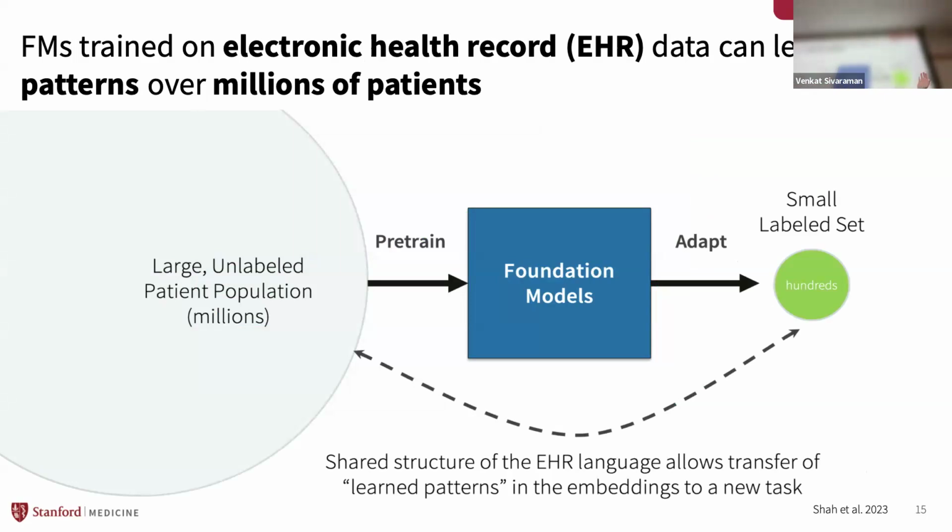So for example, pancreatic cancer, right? There's only a few hundred patients at Stanford with this disease. But at the end of the day, a pancreatic patient is still a human. And so their disease trajectory should share some sort of similarity with the other millions of patients that we see at Stanford. It makes sense to learn patterns here and potentially apply them to, name your downstream task of choice. And so that's the vision for how you apply foundation models to this setting.